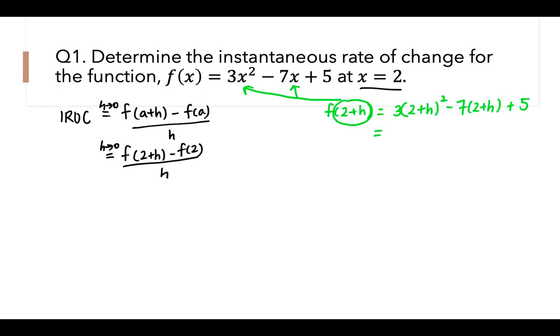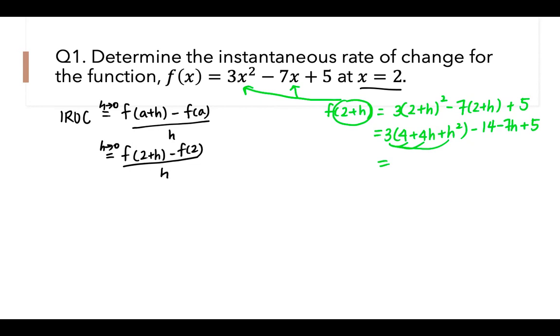So you will be expanding. So 3 times 4 plus 4h plus h squared. And then you'll be doing the distributive property, negative 14 minus 7h plus 5. And then you will continue to do the distributive property.